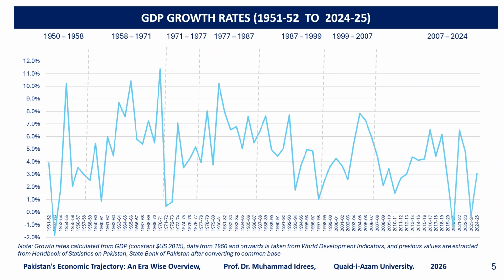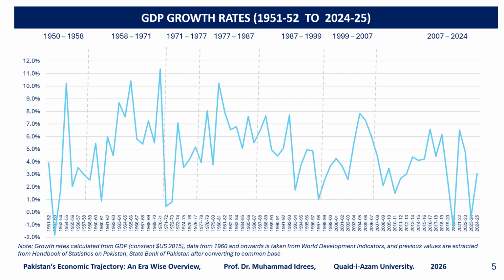This line is clearly telling us that we had fluctuating GDP growth rates. Sometimes our growth rates were as high as above 10%, and in some other periods our growth rates were as low as below 1%. So we never had sustainable growth rates in Pakistan.